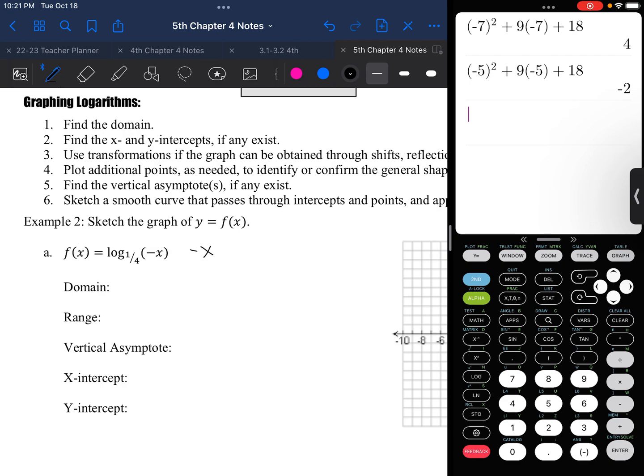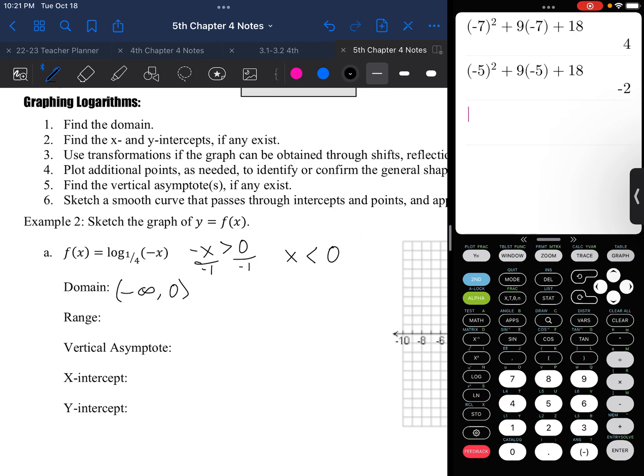So negative x has to be greater than 0, which means that x has to be less than 0, because we would divide away our negative 1, and that would give us positive x. We have to flip the sign because we divided by a negative. So x has to be less than 0, so our domain is anything from negative infinity up to 0, not including 0, because we can't take logs of zeros either.